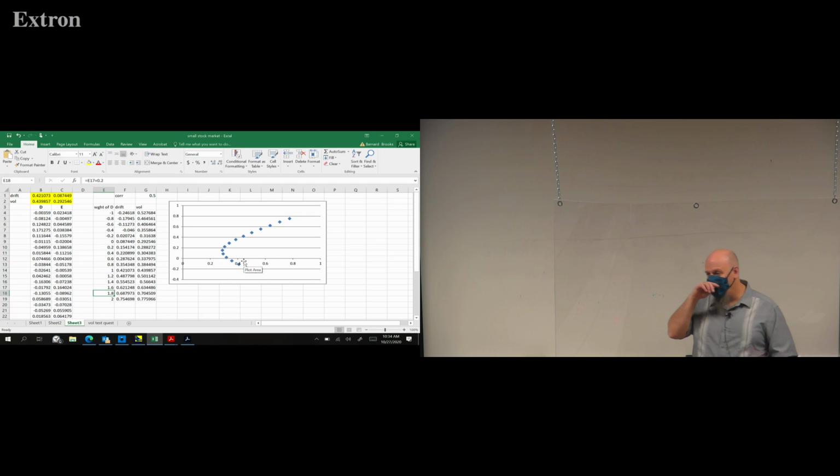Or the other way around, you could pick a maximum risk. So I need to be at a risk of 0.3, and you could go up here and find the point, that's the return. And this would actually tell you what the mixture is going to be.